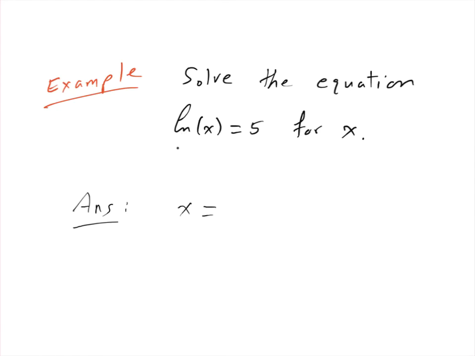We will talk about bases later. It is e. So e is the base and the exponent is 5, e to the 5. And you don't need to put it in a calculator. And that's it. That is the answer to this question.